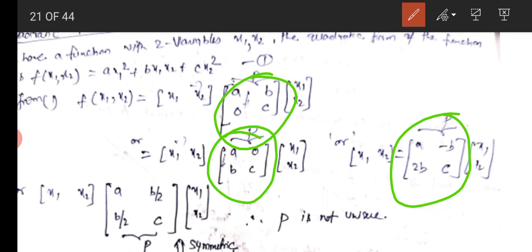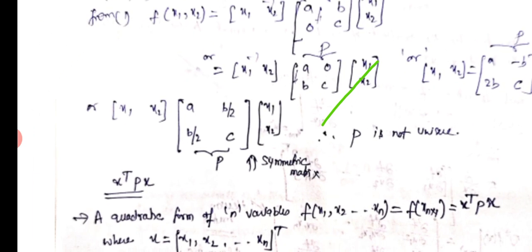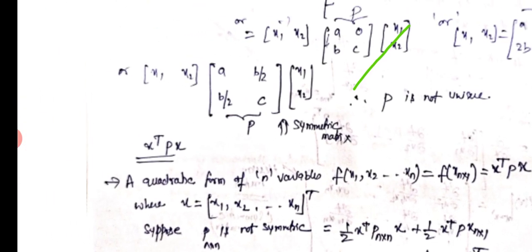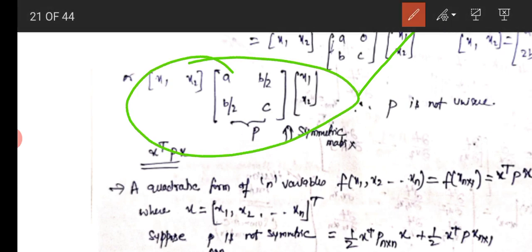But generally we write this P matrix in the form of a symmetric matrix, utilizing the advantage of the symmetric matrix. What is the advantage? We have already seen the eigenvalue.